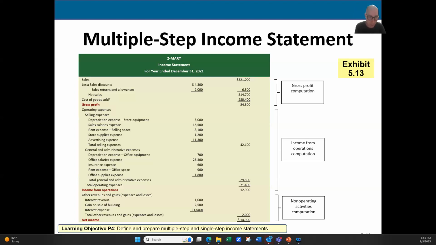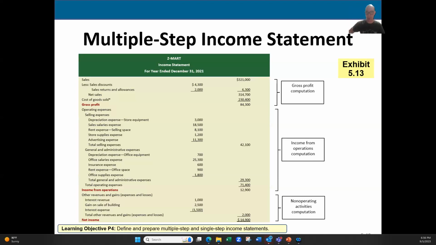So we take our gross profit minus our total operating expenses to equal income from operations. And minus all of our other stuff, like interest and expenses, and so on, to equal income.